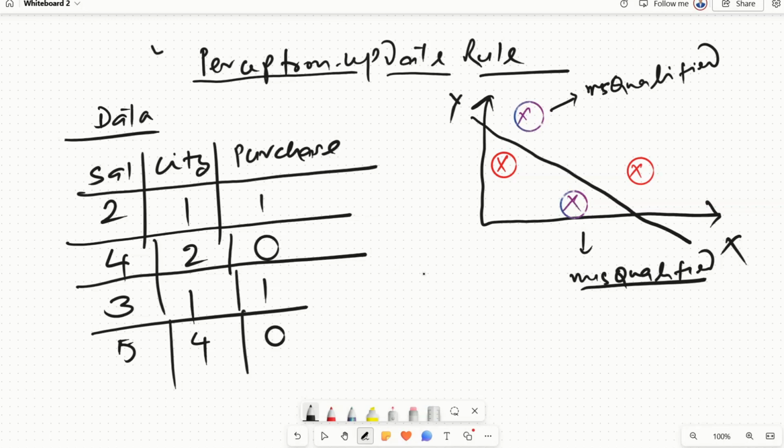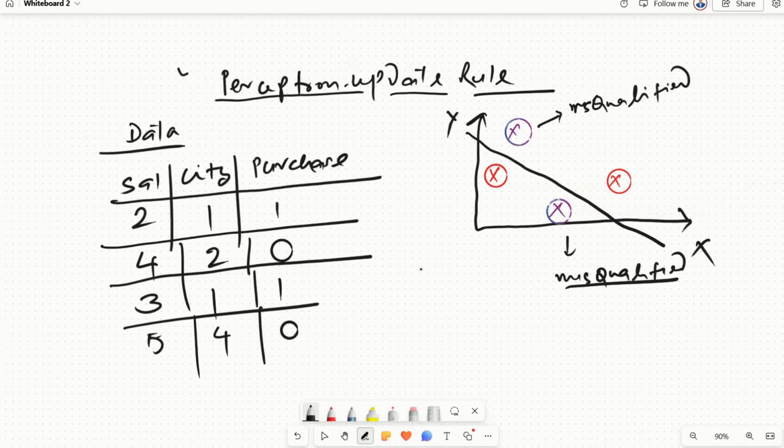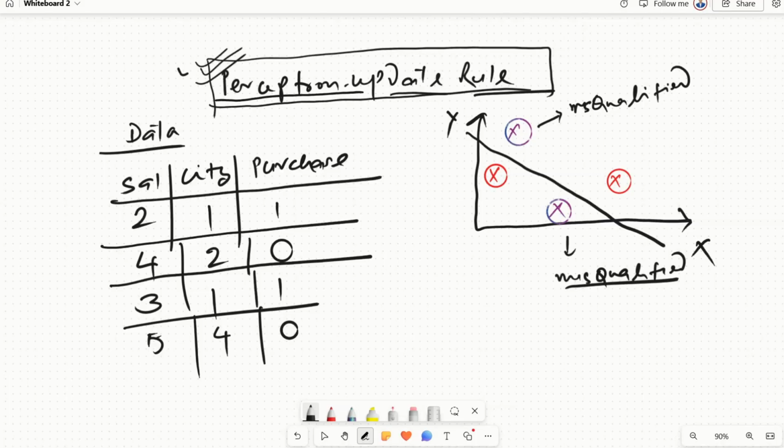In this video, the very important concept we are going to learn is the perceptron update rule: how we find this update rule, and how the whole perceptron training happens on the basis of it.